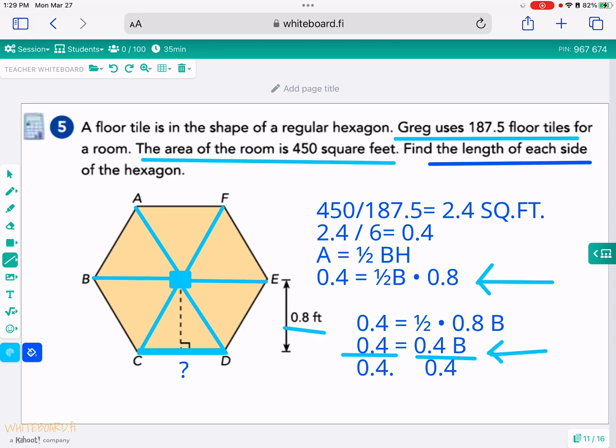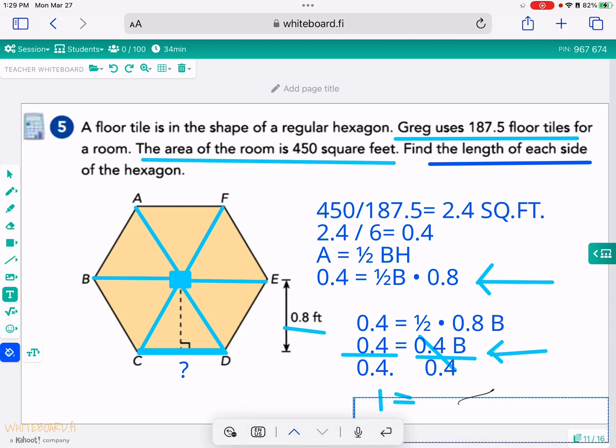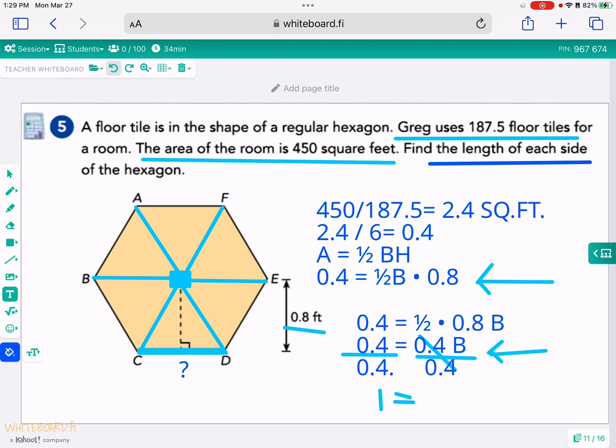And that's what I want. When I divide this, they drop off on this side. And so 4/10 over 4/10 is the same as 1, right? So I have over here 1 equals b. 1 is equal to b. All right, so my base is 1.